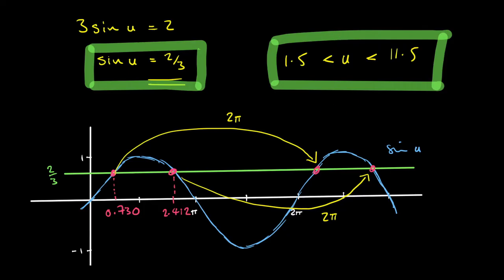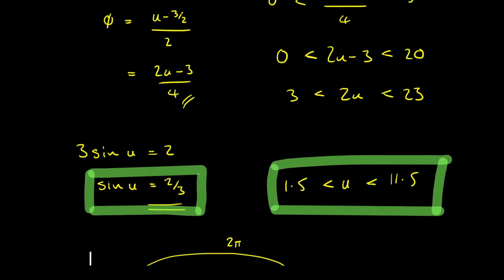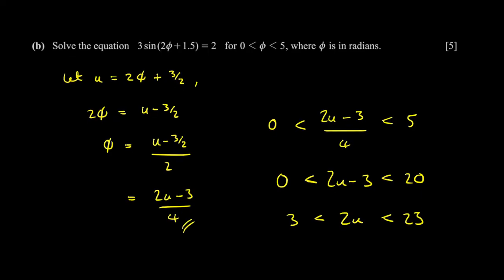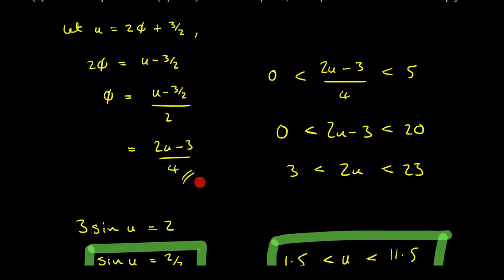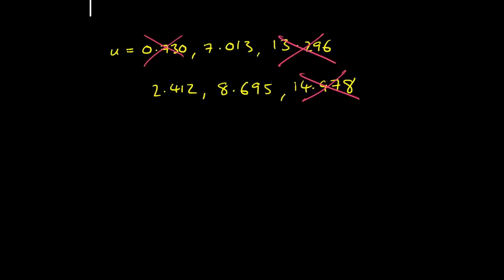So then what's the last thing that I need to do? Well, I need to find my solutions for phi, don't I? And phi is 2u minus 3 over 4. So I'm just going to take each of those values and I'm going to double them, subtract 3 and divide by 4.